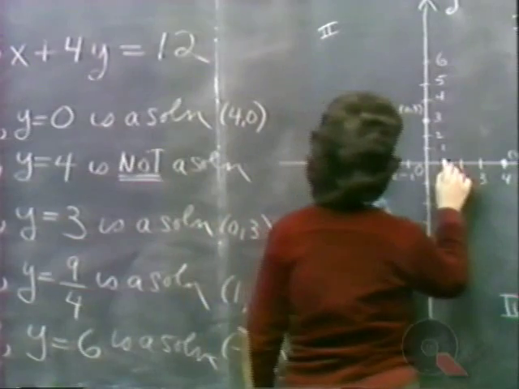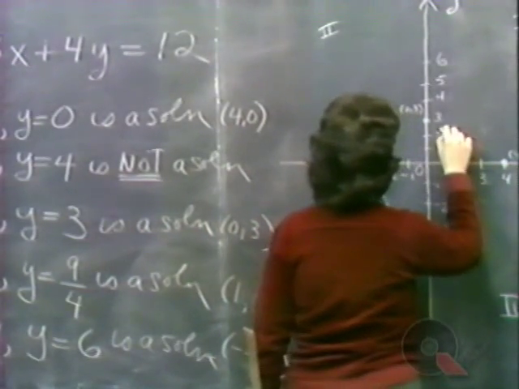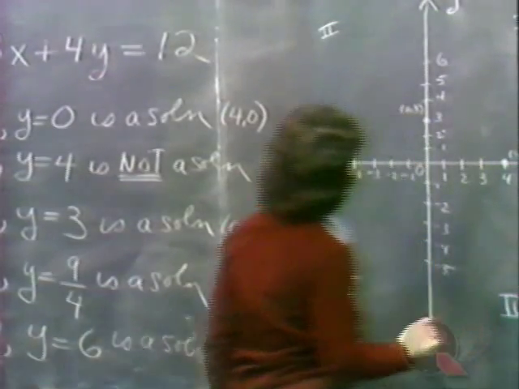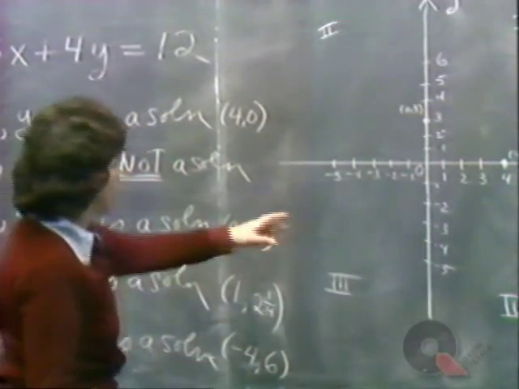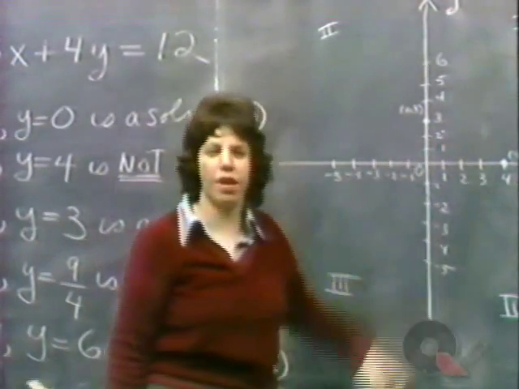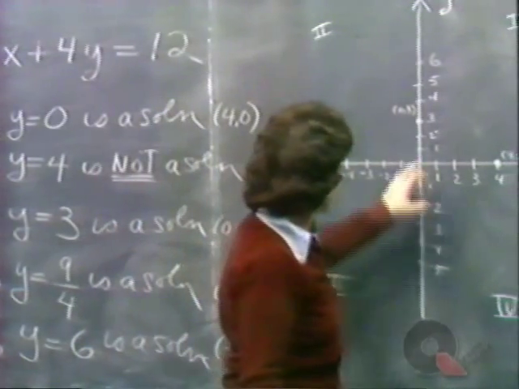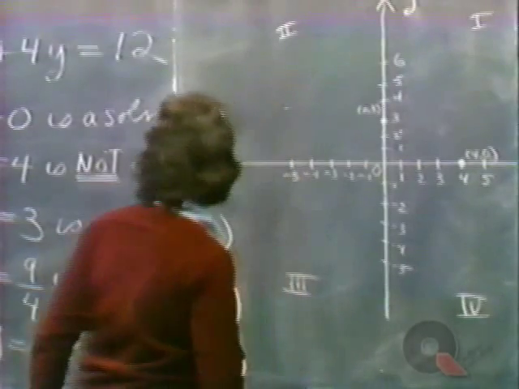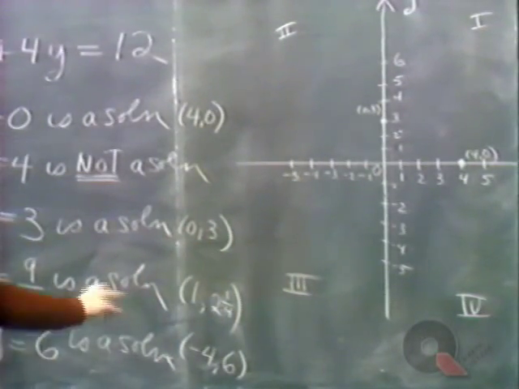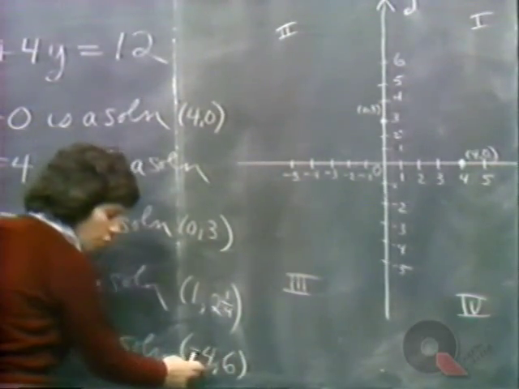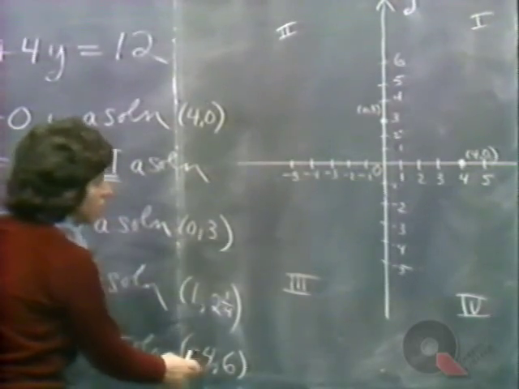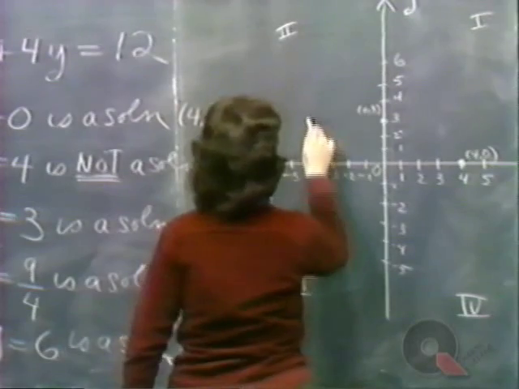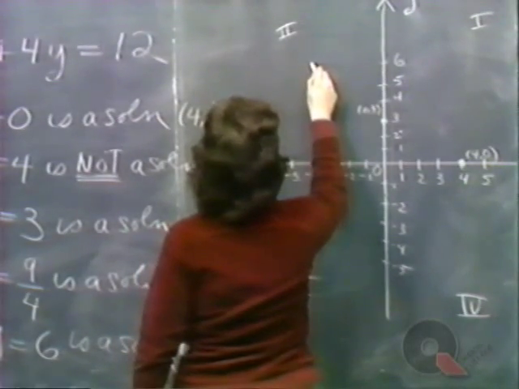In doing this, you begin to see one of the drawbacks of this technique, and that is it's hard to get points very accurate on the graph. If they're whole numbers, that's fine, but with 2 1/4, you sort of have to approximate. Minus 4, 6: to the left 4, 1, 2, 3, 4, and up 6.